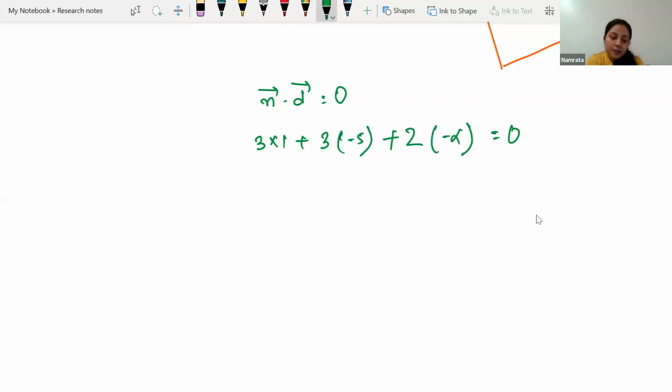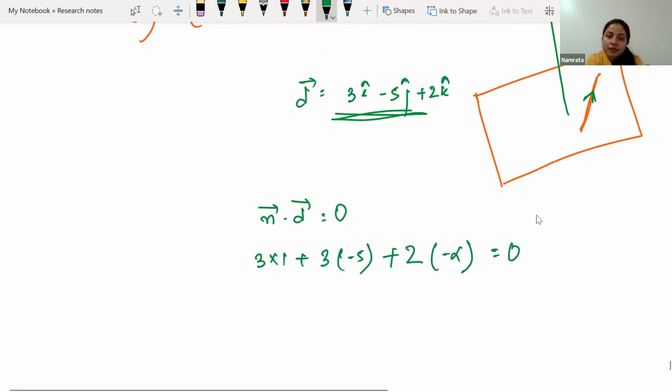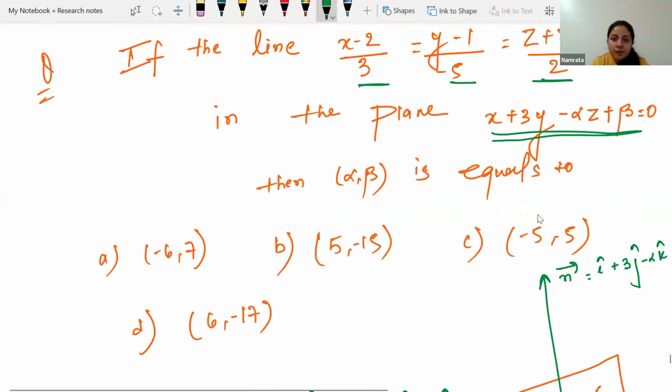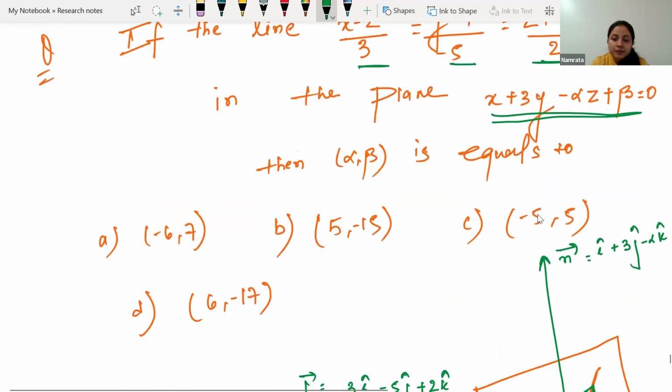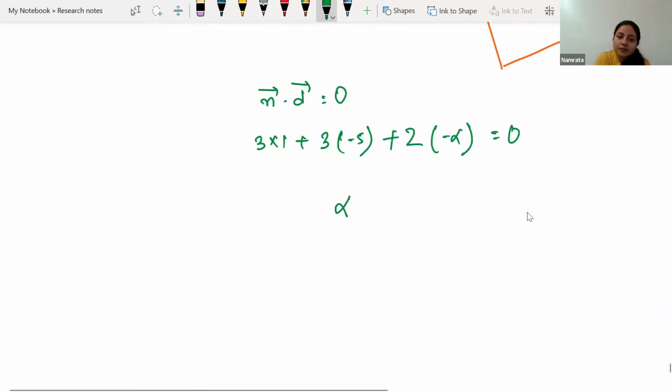Please find it. What are you getting as a value of alpha? Minus 6. Okay, everyone getting the same?